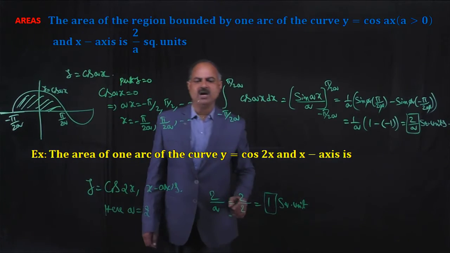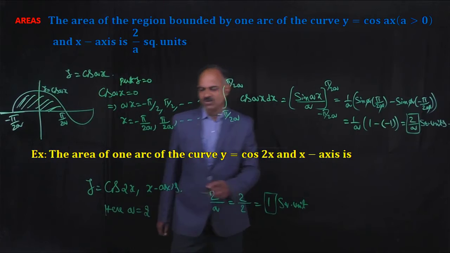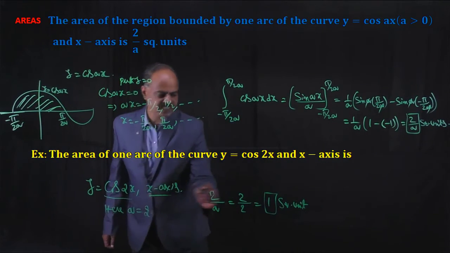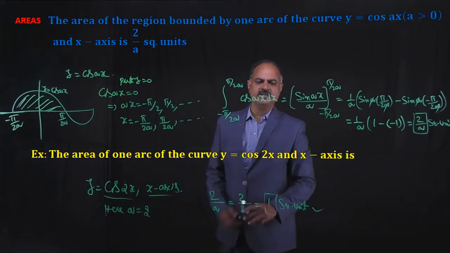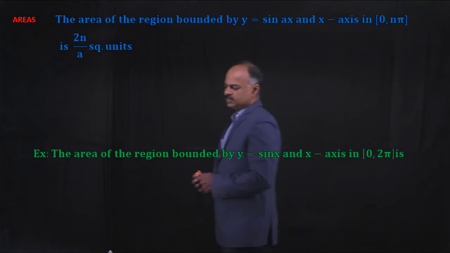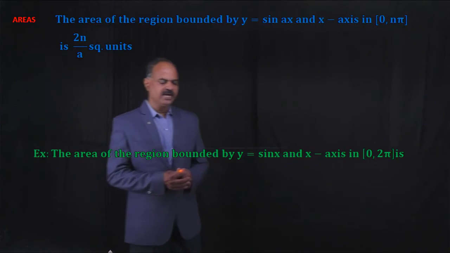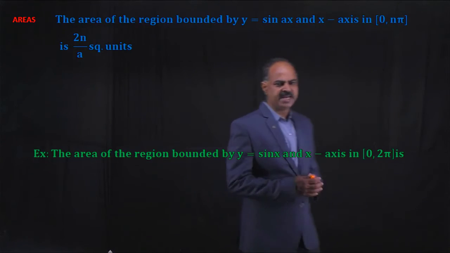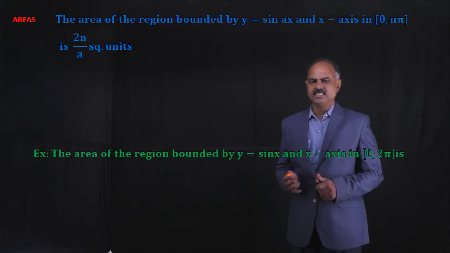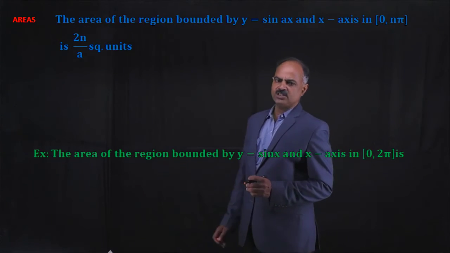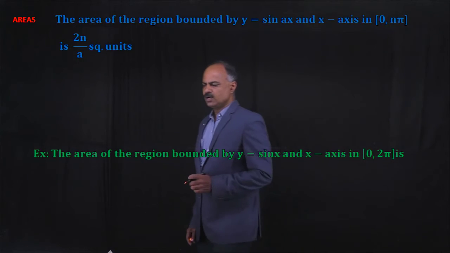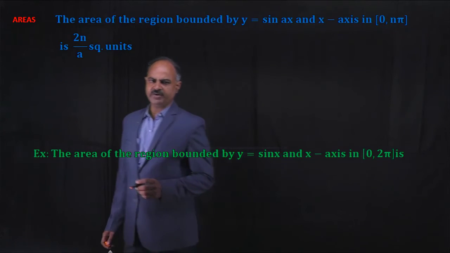Therefore, the area of one arc of the curve y equal to cos 2x and x-axis is 1 square unit. Next formula: the area of the region bounded by y equal to sin ax and x-axis in the closed interval 0 comma n pi is 2n by a square units.